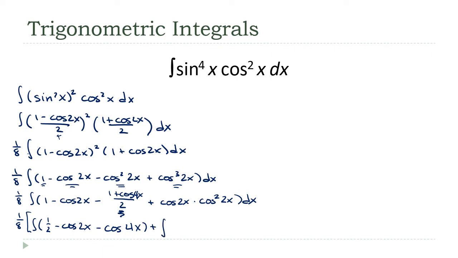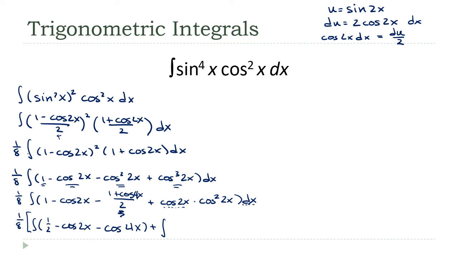I'm going to need some room, so I'm going to try to squeeze this in up here at the top. I'm going to let u equal the sine of 2x, so du equals 2 cosine 2x dx. So cosine 2x dx equals du over 2, and I've got a cosine 2x dx here.